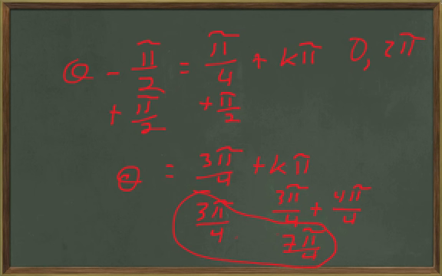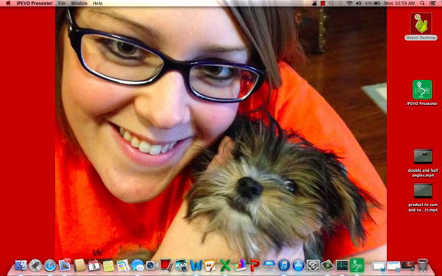Okay? Now, I told you I was going to show you the trig equations with a calculator. However, I don't have calculator software on this computer, and I did not bring my graphing calculator with me. So I will have to show you that in class, which therefore ends our video for today.